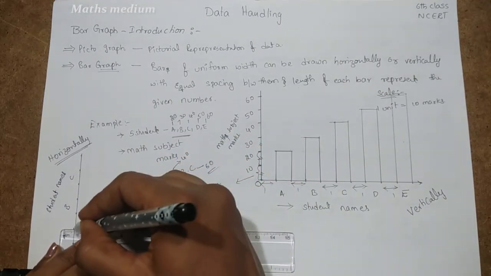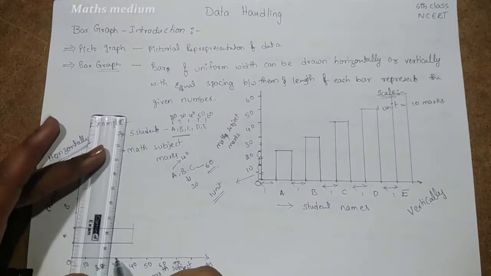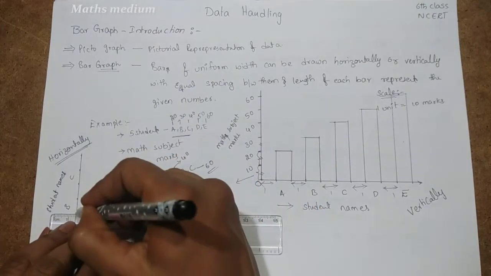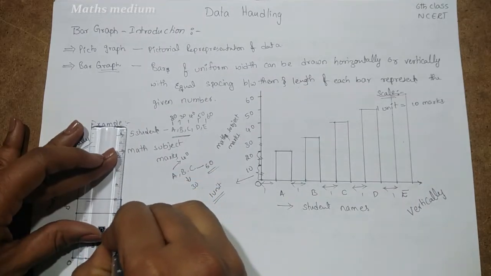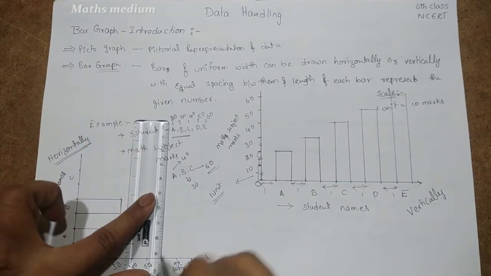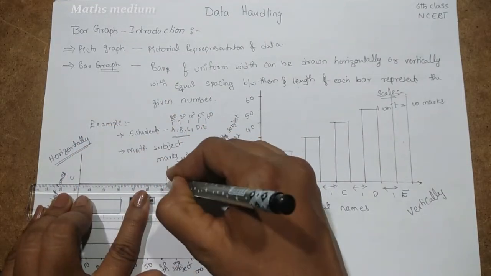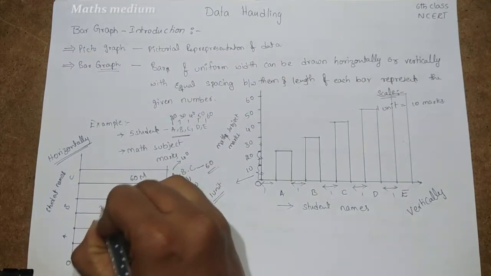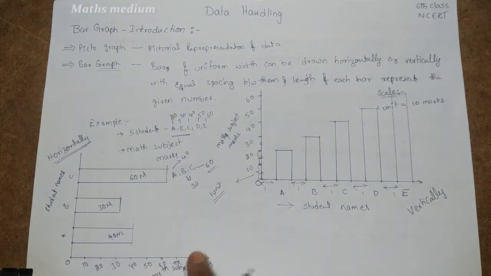This is 30 marks, make a small line and draw the bar for B like this. Finally C has 60, mark 60 marks and extend this line. So this is C with 60 marks, B with 30 marks, and finally A with 40 marks. This is the horizontal representation of a bar graph.